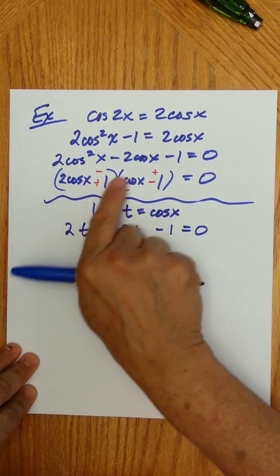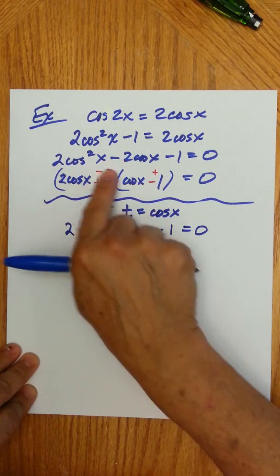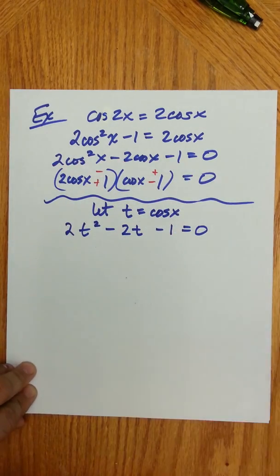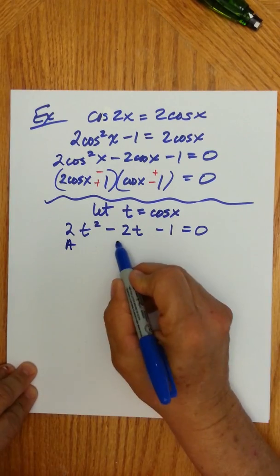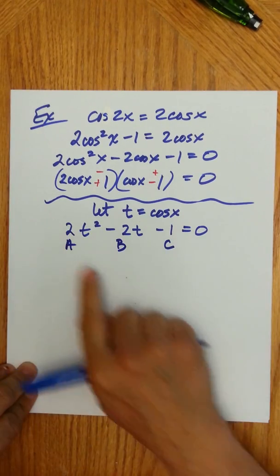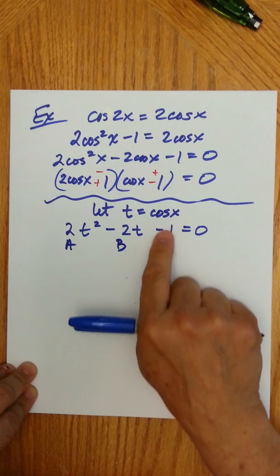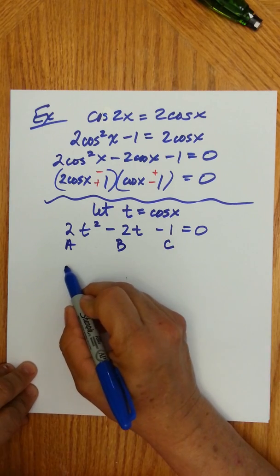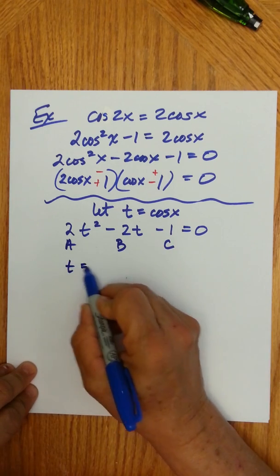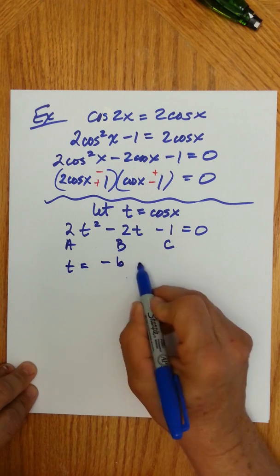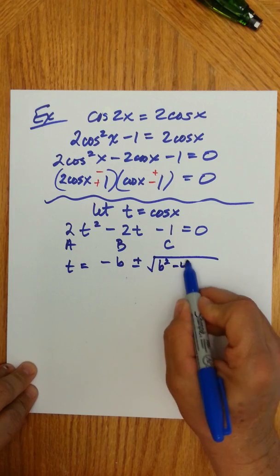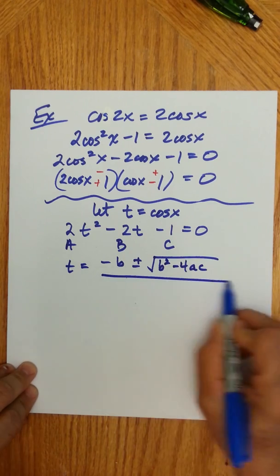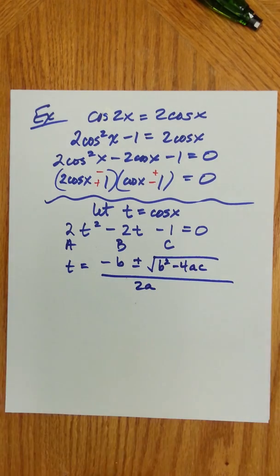Now this is a, this is b, this is c. So a is 2, b is negative 2, c is negative 1. And that means I'm solving for t using the quadratic formula: negative b plus or minus square root of b squared minus 4ac all over 2a, right?